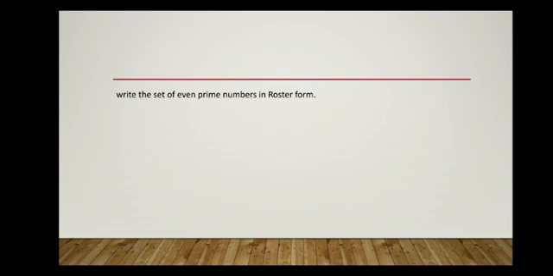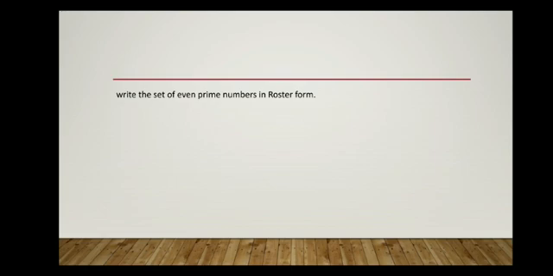So what are prime numbers? The numbers which are divisible by 1 and the number itself, that is, the number which is not divisible by any other number other than 1 and the number itself. So the prime numbers are 2, 3, 5, 7, 11, etc. Here they are asking us to write the set of even prime numbers.